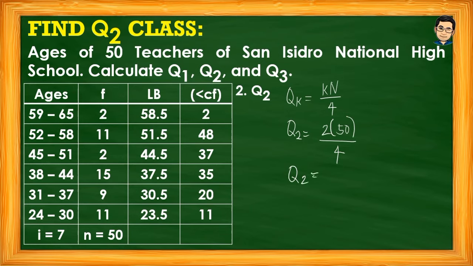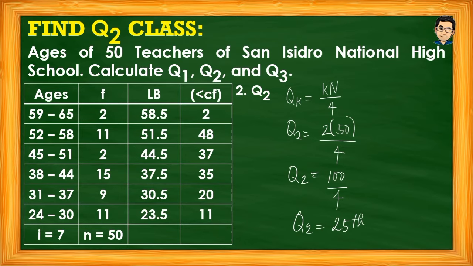Then multiplying 2 by 50, we will get 100. And then we will divide 100 by 4. So Q sub 2 is equal to 25. So 25th position dyan. So, saan natin matatagpuan yung Q sub 2 class?